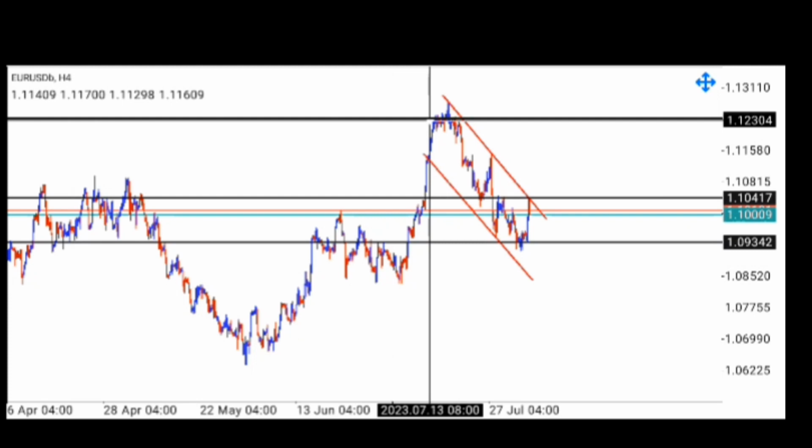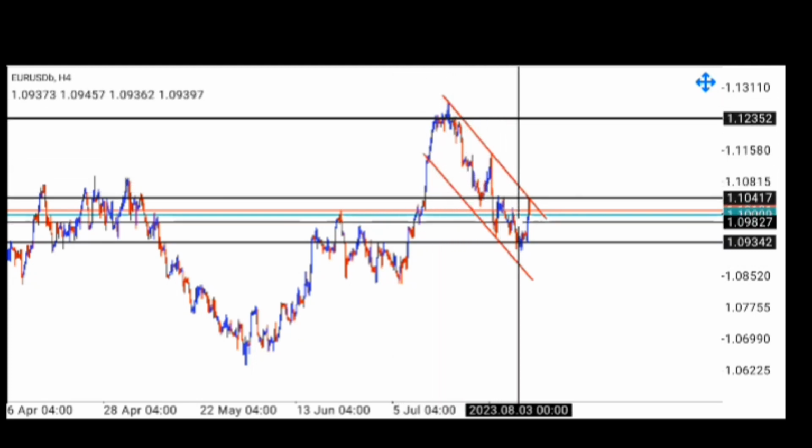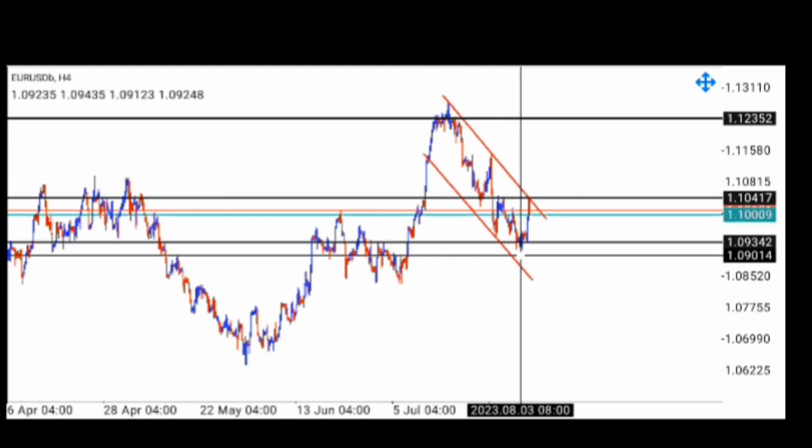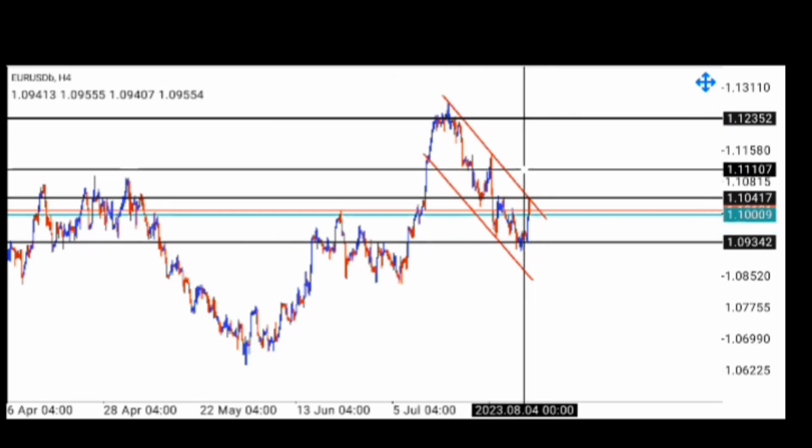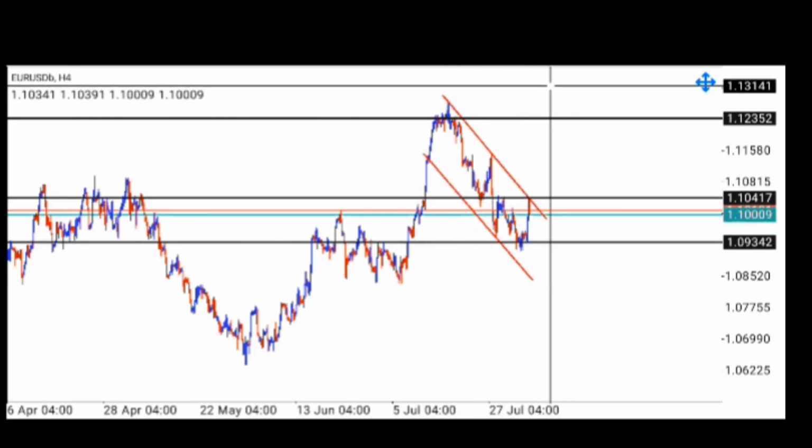It impulsed to the upside, then this is just some form of a correction. So I'm anticipating that if there is a breakout out of this particular trend line, I'll be watching to see if the market will continue buying.